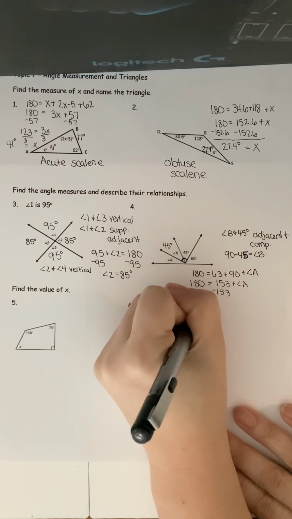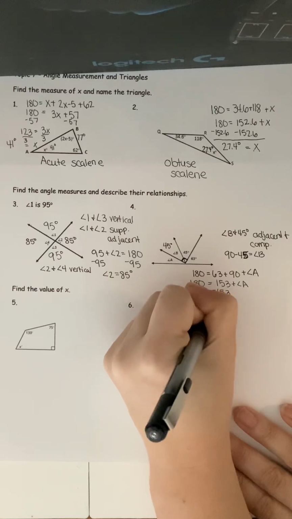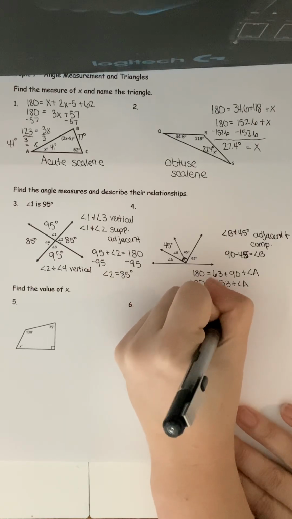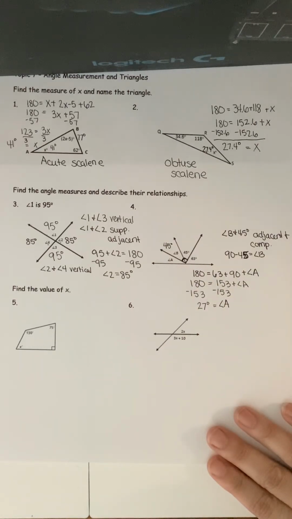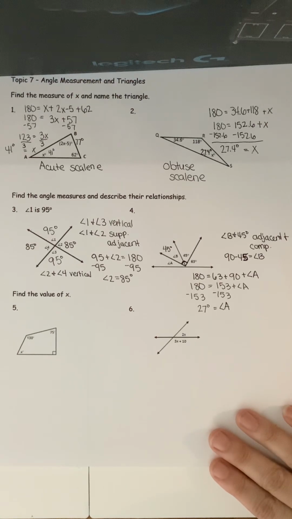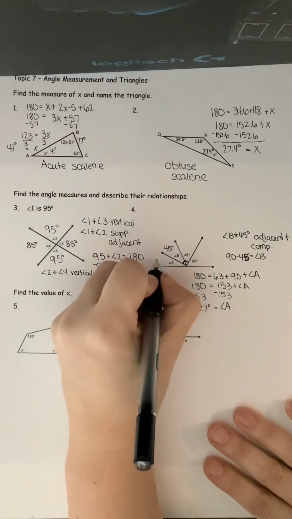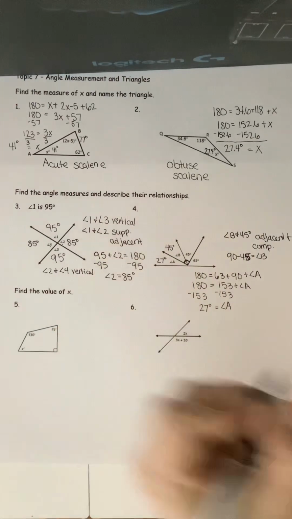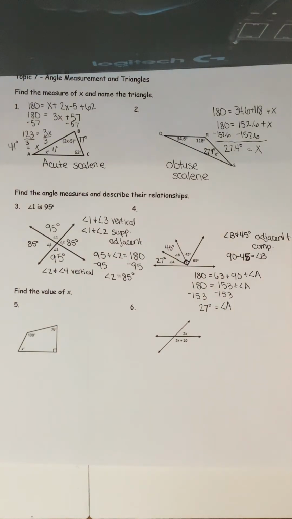That means angle A is going to be 27 degrees. All right, means angle A is 27 degrees if we label it.